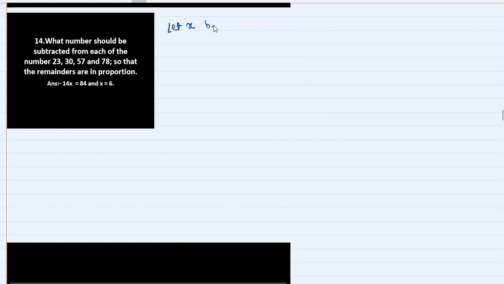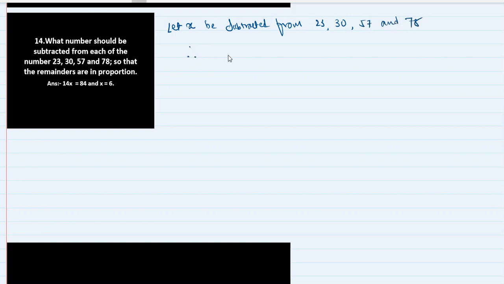Let x be subtracted from 23, 30, 57 and 78. Therefore 23 minus x ratio 30 minus x is in proportion with 57 minus x ratio 78 minus x.